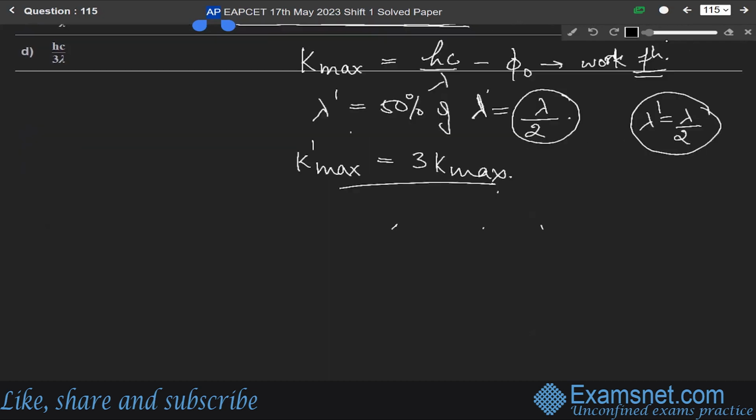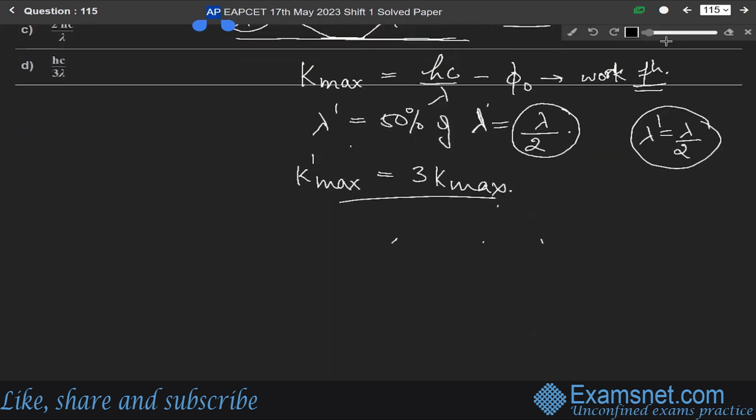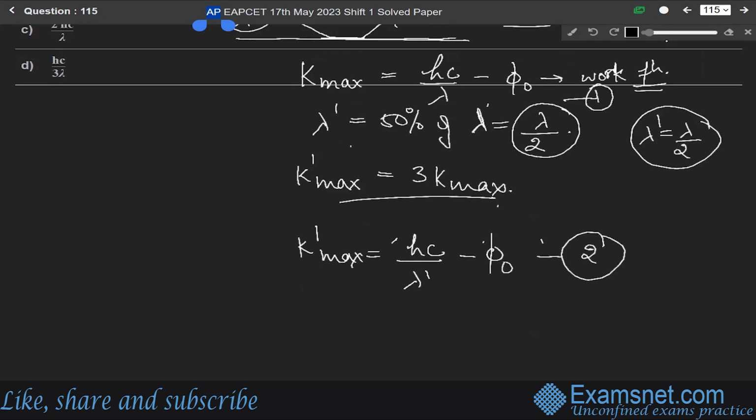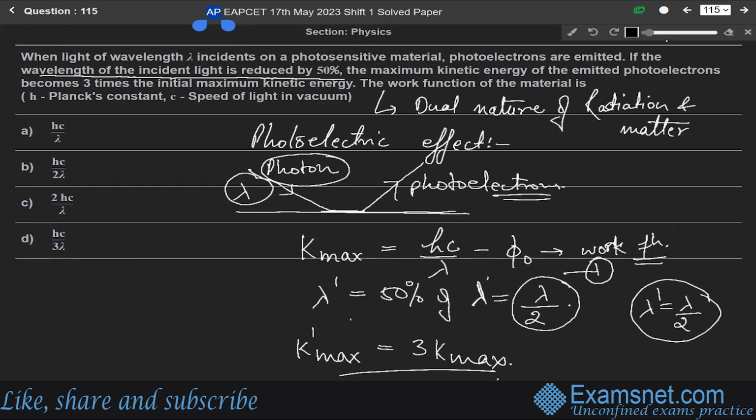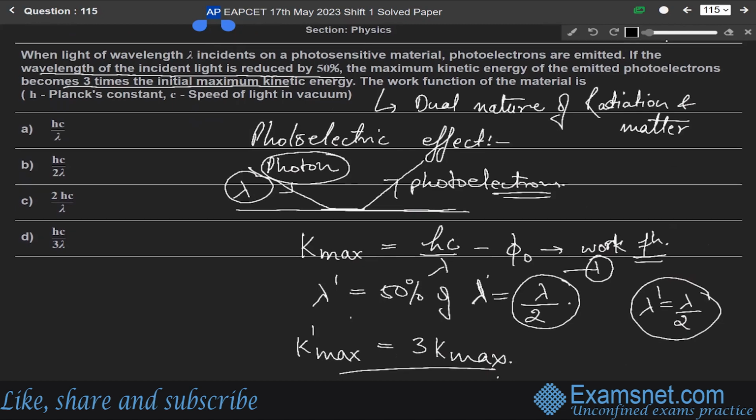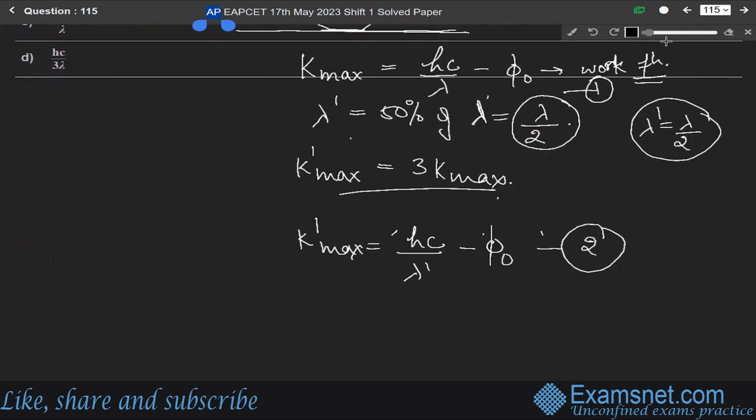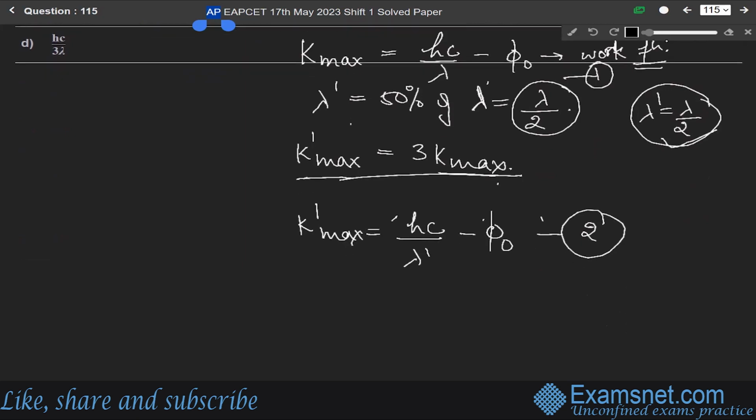So K dash maximum will be equal to hc over lambda dash minus phi naught. Let us say this is equation 1 and this is equation 2. So K dash maximum will be 3 times the initial maximum kinetic energy. When lambda dash is equal to lambda by 2, K dash maximum becomes 3K maximum.